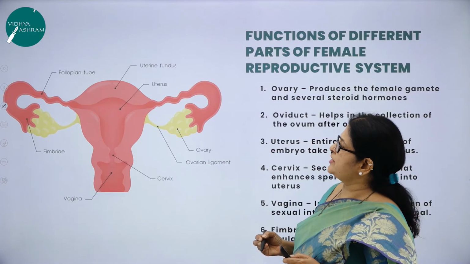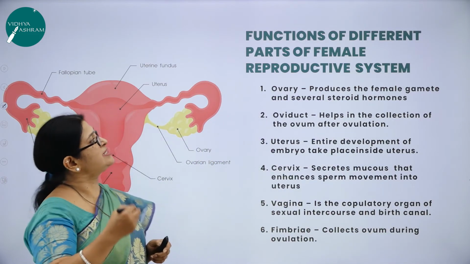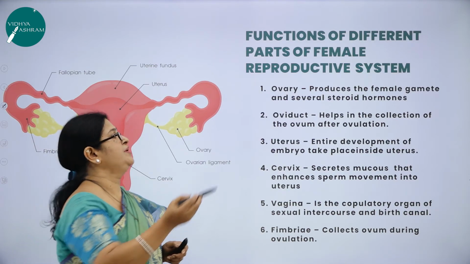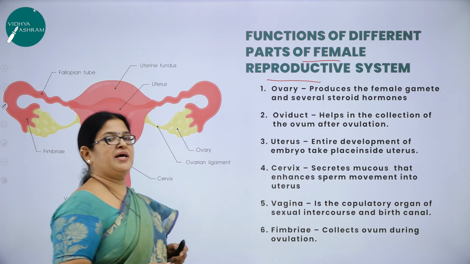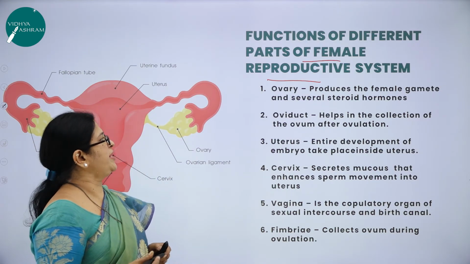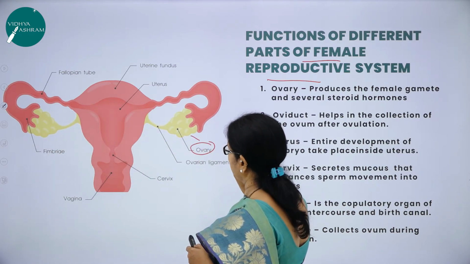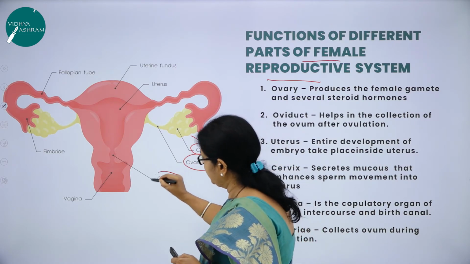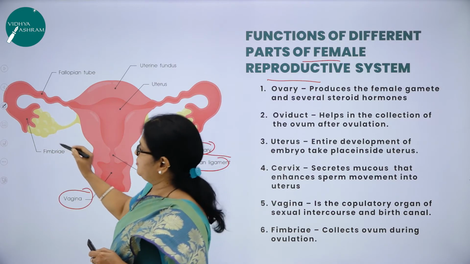So moving on to the next part of this chapter, human reproduction, let us summarize. We summarized the male reproductive system. Now let us summarize the important parts of the female reproductive system. Here you can see the ovary, right? Then the ovarian ligament which is attached to the uterus wall, then the cervix, then the vagina, and you can see the finger-like projection.